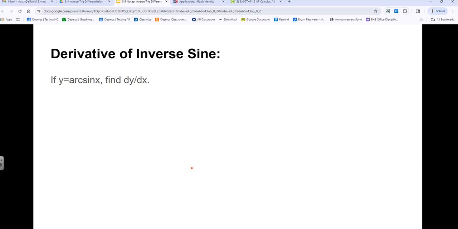If I have y equals arc sine of x, I do not know how to find the derivative of arc sine of x. But I do know how to find the derivative of sine. Right? That's an easy one. That is cosine. Right? So, arc sine and sine are inverses of each other.